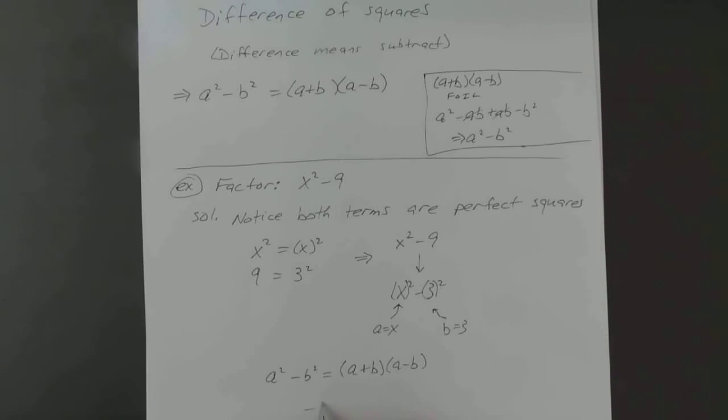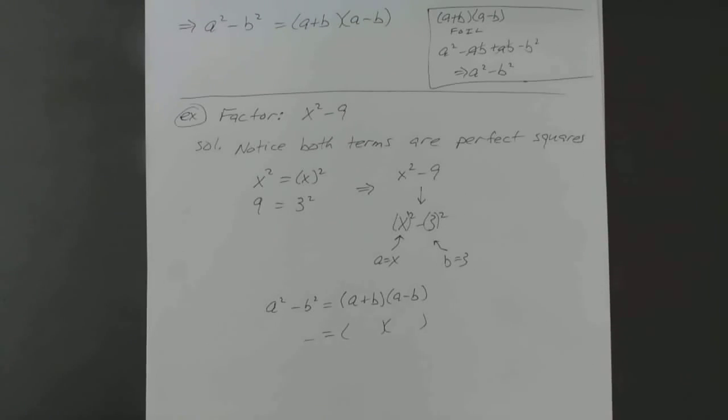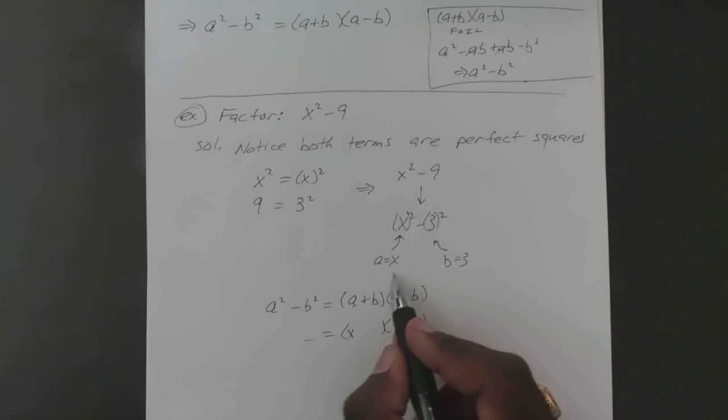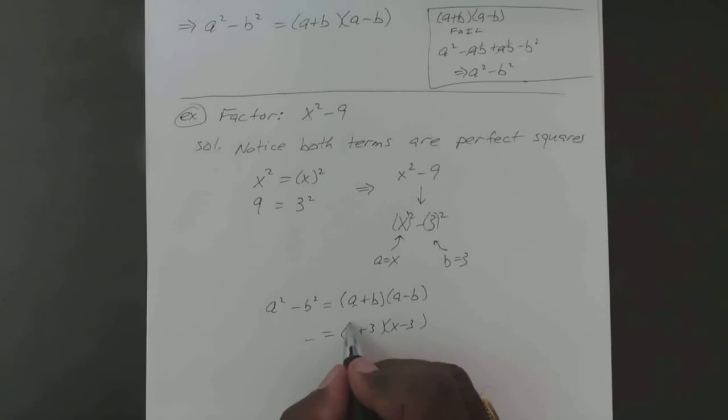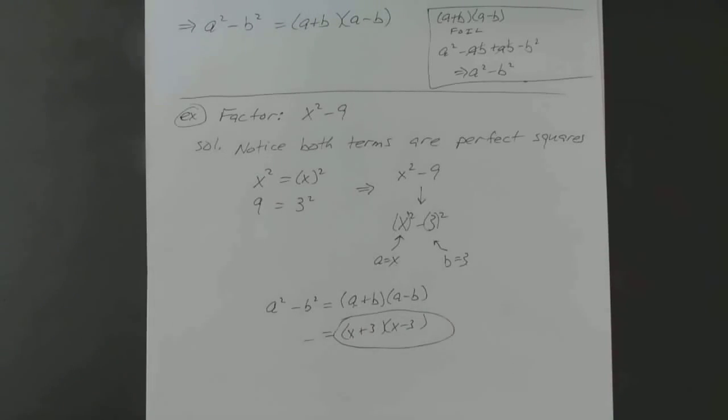Okay, so that means that will equal, your a is equal to x, so you have x plus 3 and x minus 3. And again, to check it, you just do the FOIL method and see if it comes out to be correct. All right. So any questions on this one?